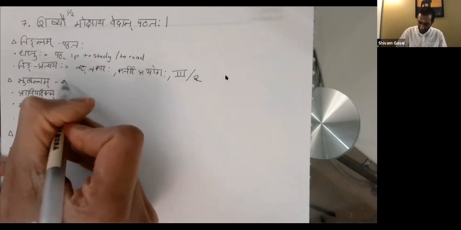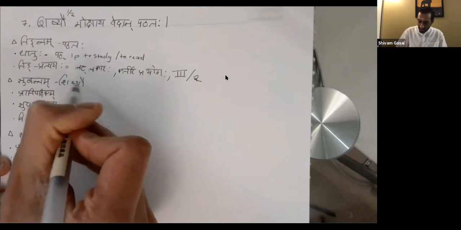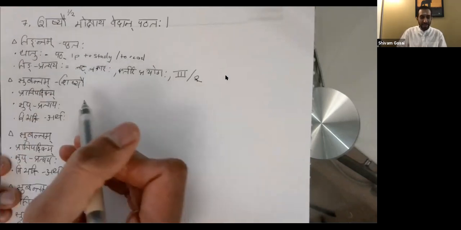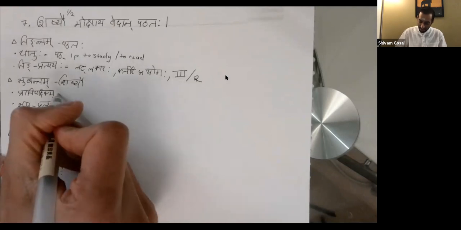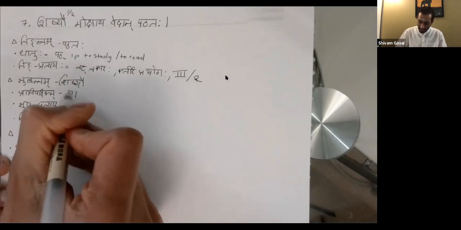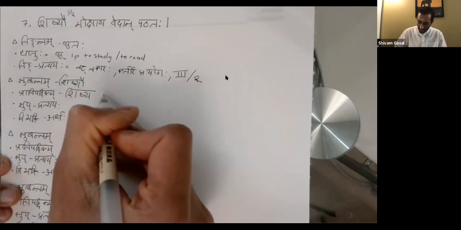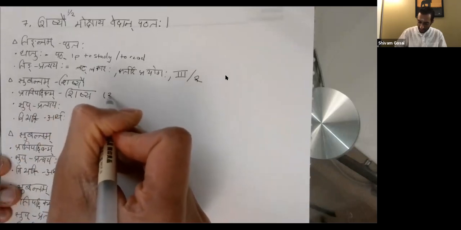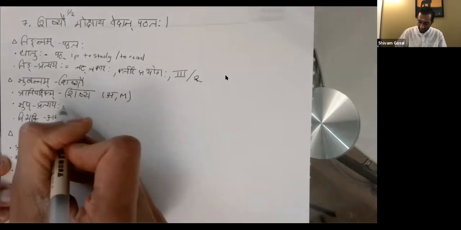So shishyo. It could be 2, 2 also. You just take it and see if it makes sense as 1, 2 or 2, 2. You've got to see the context there. Pratipadika: shishya. Akarantaha, pullingaha. Supratyaya.